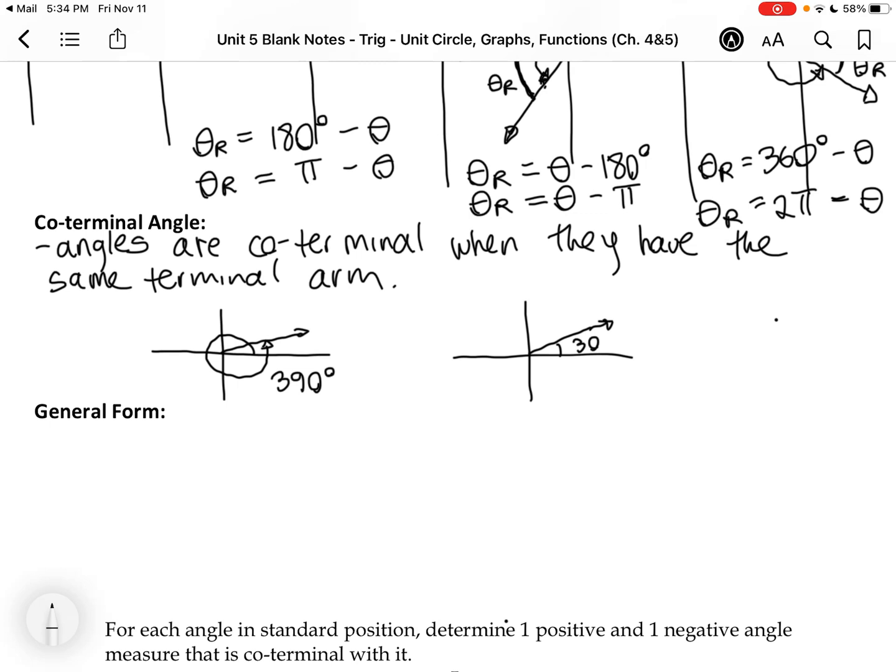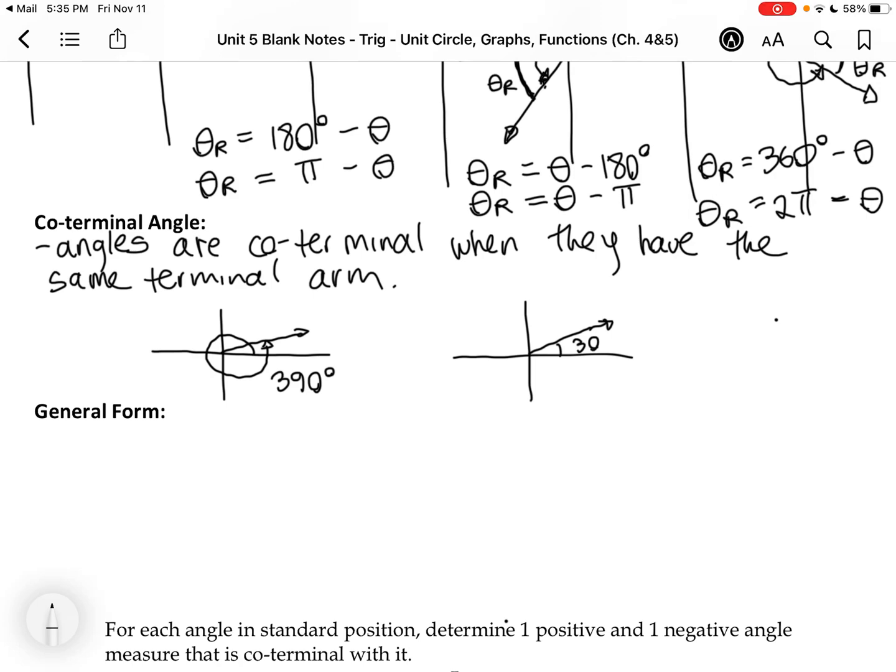Those are coterminal. You can get coterminal angles by doing more and more rotations of 360 from the principal angle. If I start at 30 degrees and I do another rotation, I'm going to have 30 plus 360. If I do 2 rotations, I'm going to have 30 plus 360 plus 360, and I still end up in the same spot. So there are infinitely many angles that are coterminal to a particular angle.